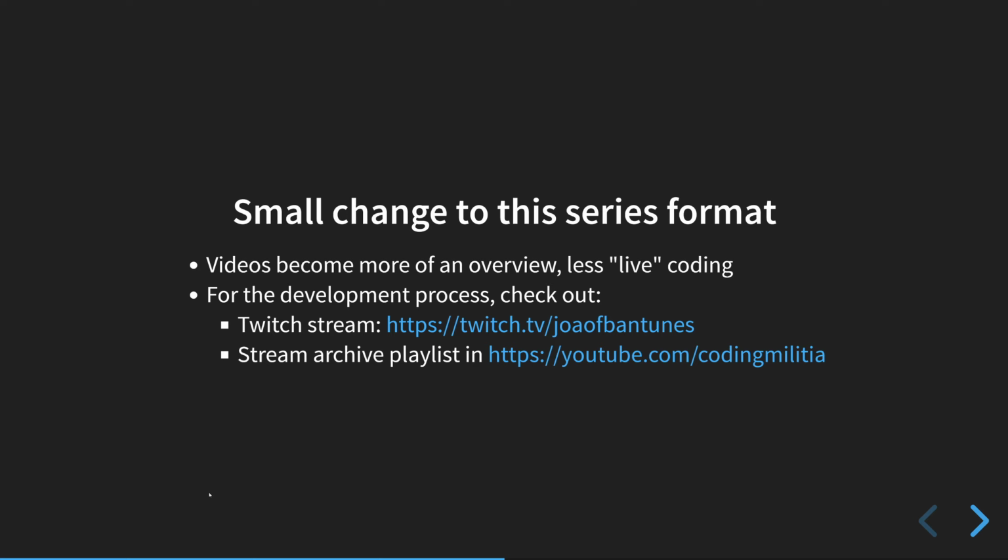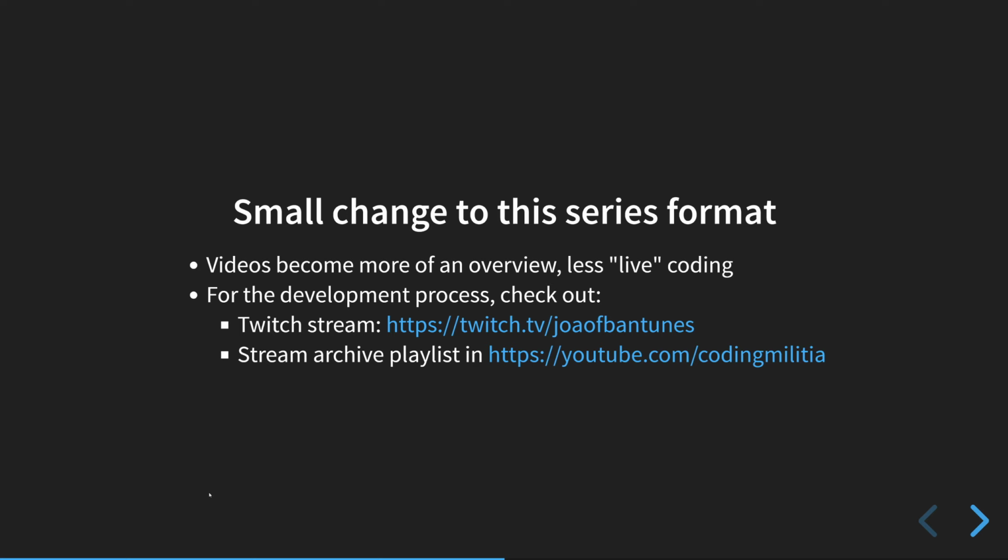So I'm trying to stream on Twitch once a week. I probably will fail a lot of times to do it once a week, but that's what I'm trying right now. So basically on those streams, I prepare the code for the next episodes. Maybe not always the same, but right now the plan is to prepare the next episode's code during the stream.